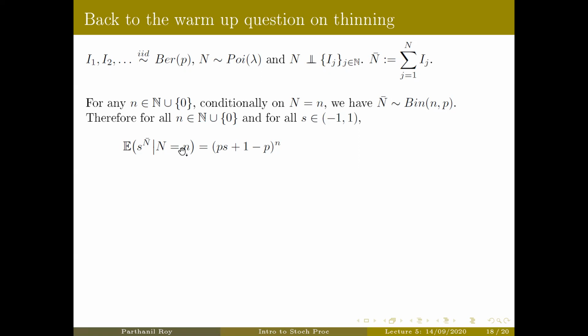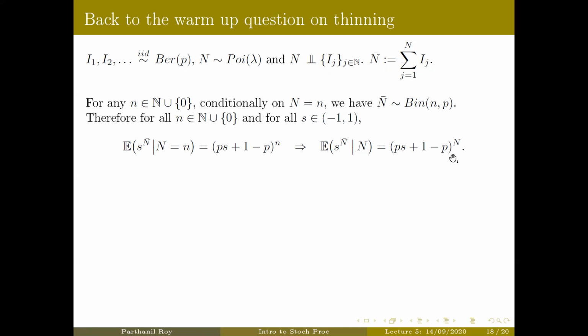Since this is true for every small n in the range of capital N, we see that the expectation of s power N bar conditional on N, this random variable, actually equals (ps + 1 - p) power capital N.